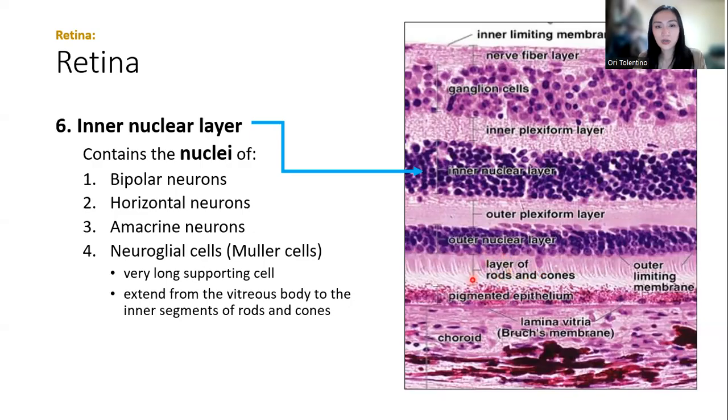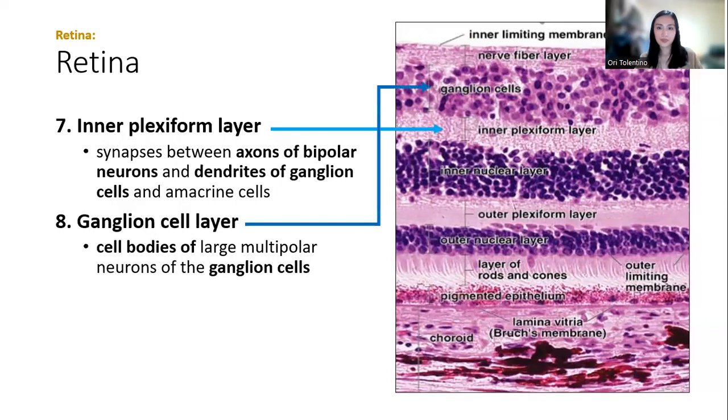And the rods and cones and the processes of your Muller cells bind together to form this membrane called the outer limiting membrane, okay? So next is the inner plexiform layer, another plexiform layer. It contains synapses or connections between neurons. Which neurons? The bipolar neuron axons connect to the dendrites of the ganglion cells in the ganglion cell layer.